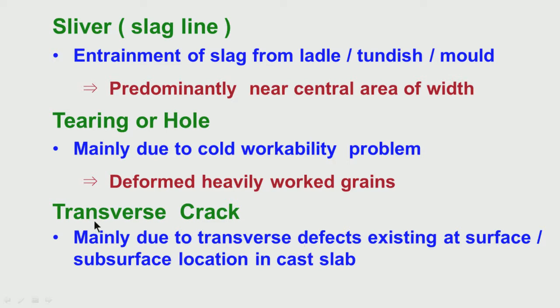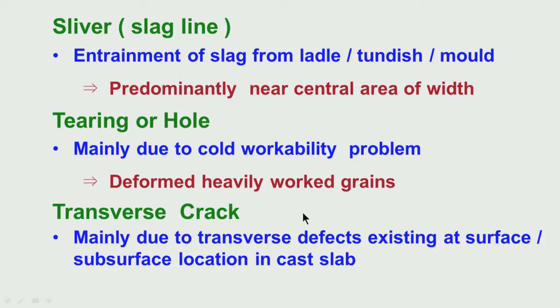Now, we might find transverse cracks. I have mentioned earlier this transverse crack is mainly generated due to a transverse defect existing at the surface location of the cast product, whether it is slab, bloom or billet. As I was telling you, it can generate from transverse depressions or deep oscillation marks, which have a transverse orientation.